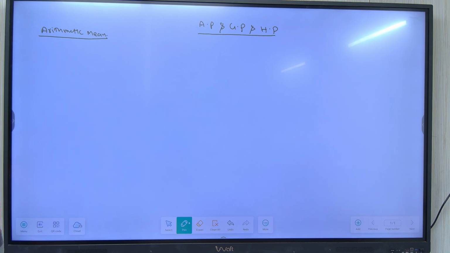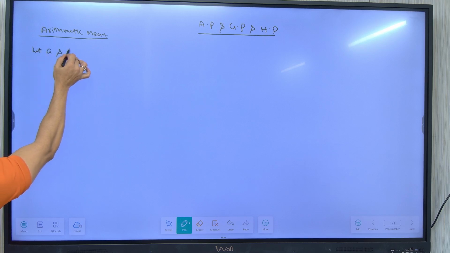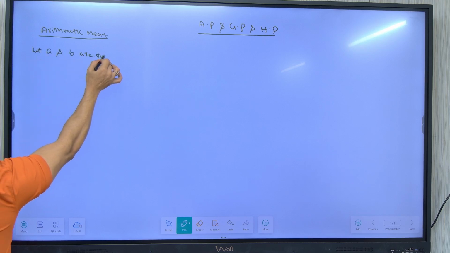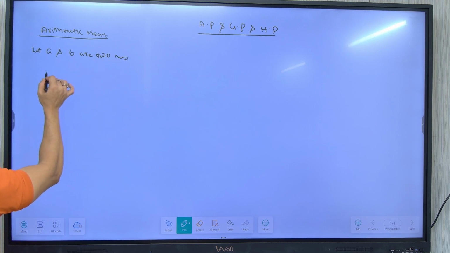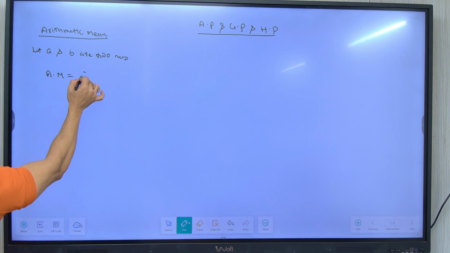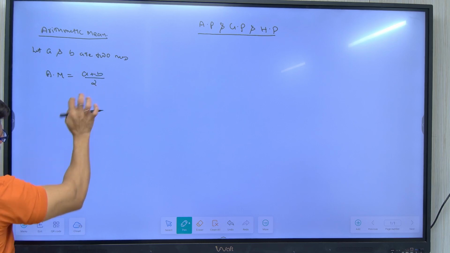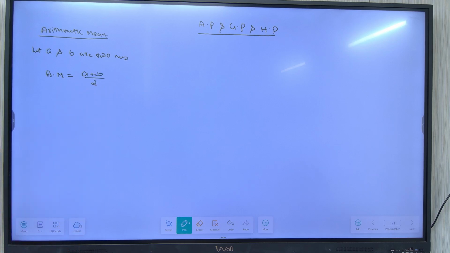So if I say arithmetic mean of two numbers, I will never write that two numbers are in AP. I'll simply say arithmetic mean of two numbers. Let A and B be two numbers. The arithmetic mean between these two numbers will be given by what? Simple. Add them and divide by 2.